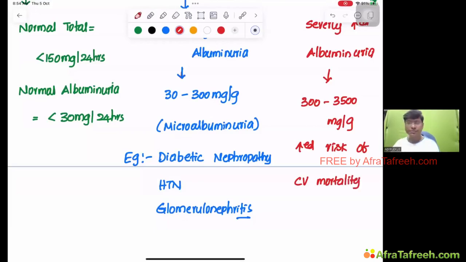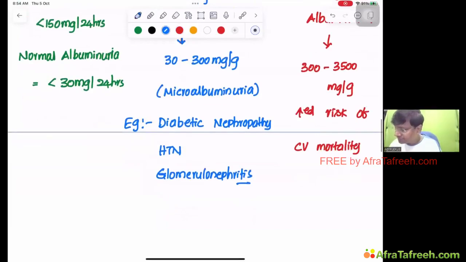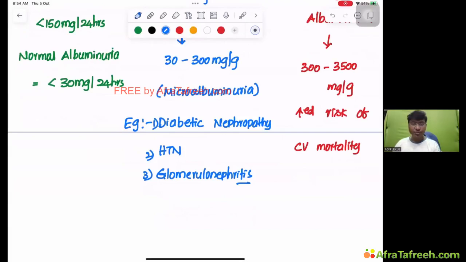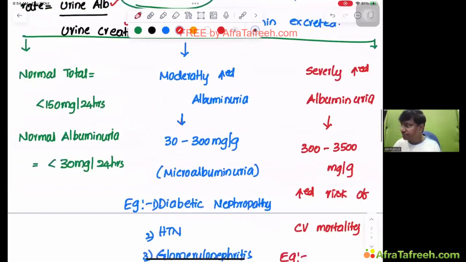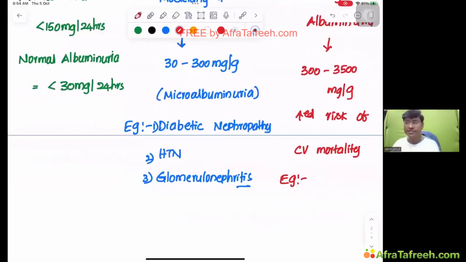Then what are the causes for severely increased albuminuria? If you take the numbering as 1, 2, 3 for diabetic nephropathy, hypertension, and glomerulonephritis, even those will cause severely increased albuminuria, where the albumin excretion rate is in the range of 300 to 3,500 milligrams per gram.